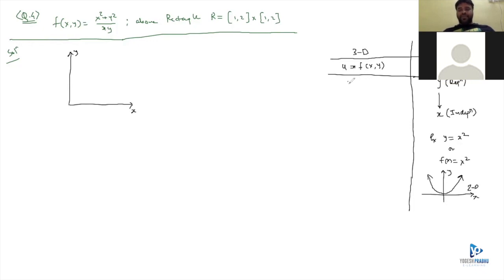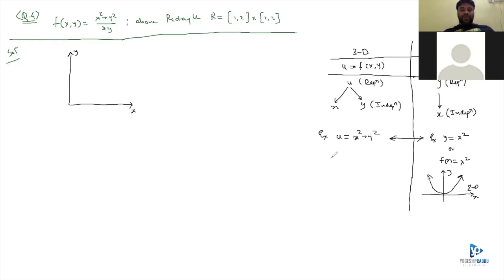Tell me, u is dependent and it depends on, is it making sense to you? Yeah. It depends on x and y. So x and y are independent. So now what would be the example? Example would be u is x squared plus y squared. I'm just trying to keep it on similar lines.